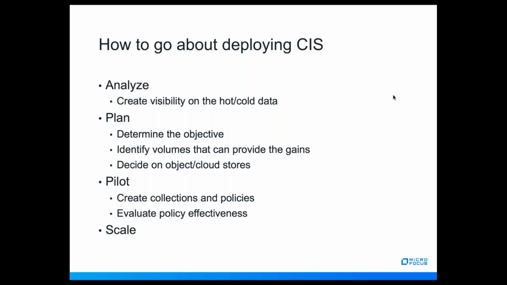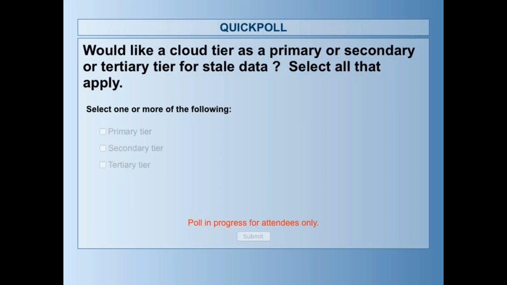This question primarily comes because based on the beta and the feedback we've had for the tech preview when we were doing this for OES 2018, currently this is being released as a secondary tier for your existing data.